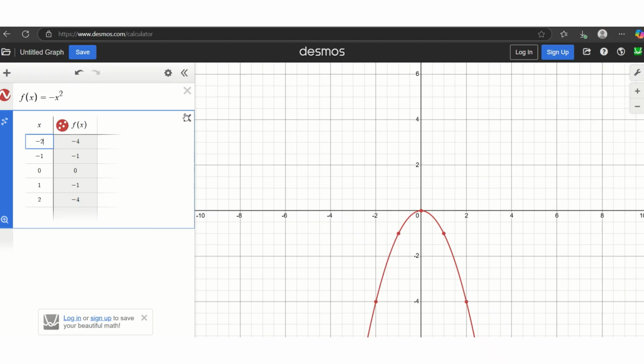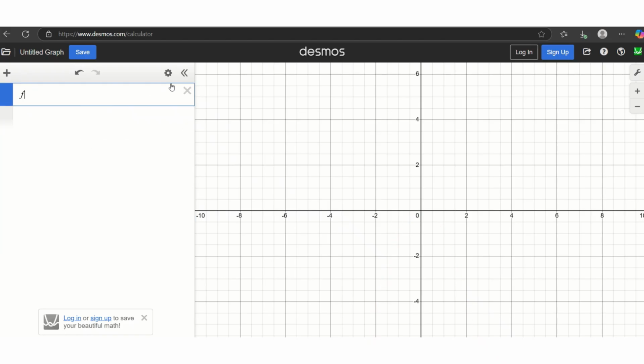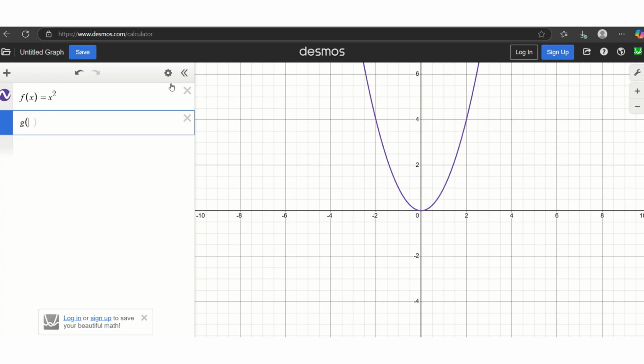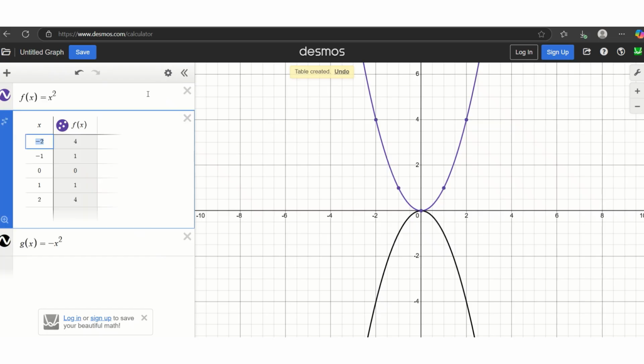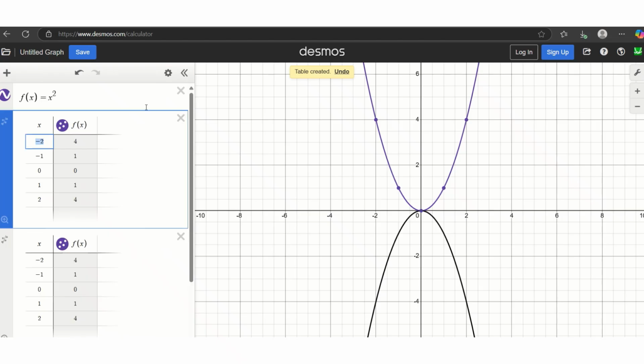I'm actually gonna do something here. We're gonna do f of x is equal to x squared, and then down here we'll call this g of x. Okay. That way we're naming it something different. So if I create the table for that one, and then create the table for this one, you can see what it did.